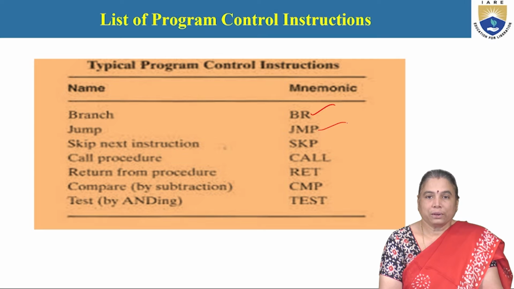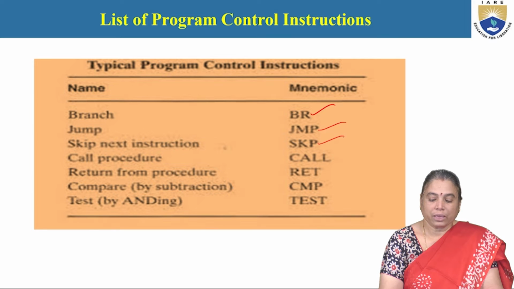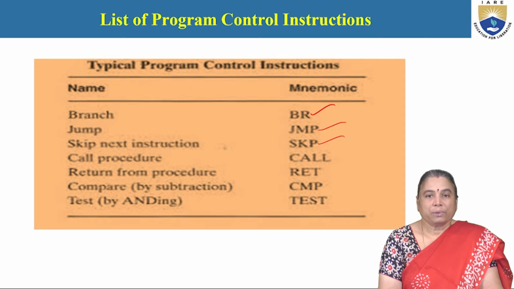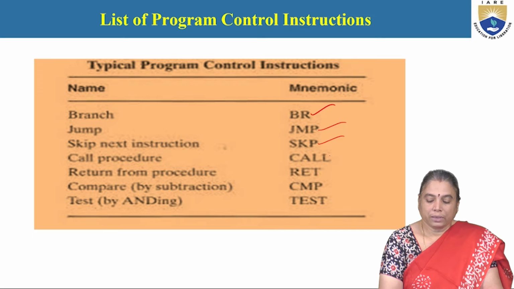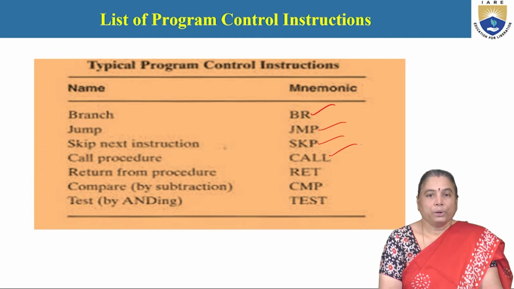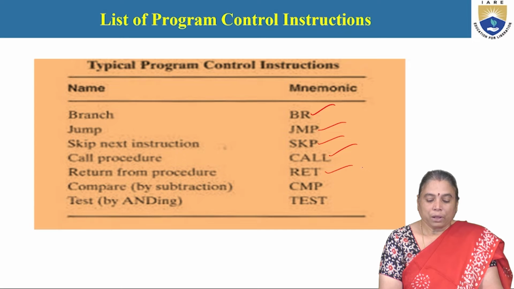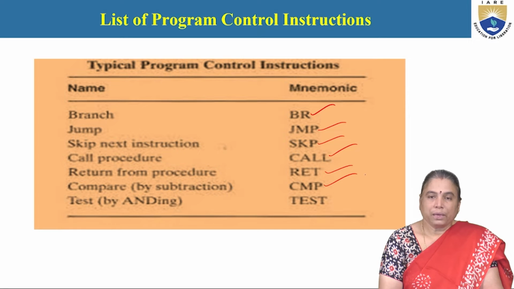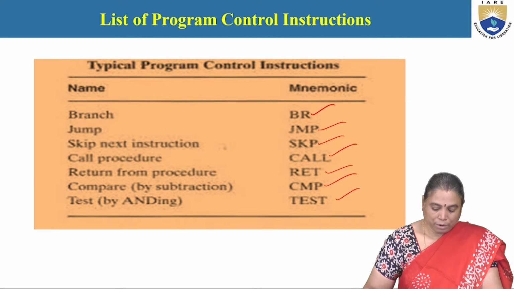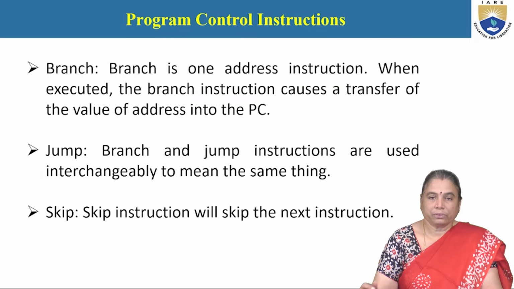To skip to the next instruction, SKP. To call the specified procedure, CALL. To return from a procedure, RET. To compare, CMP instruction. To test a condition, TEST. So these are the general mnemonics used for the program control instructions.